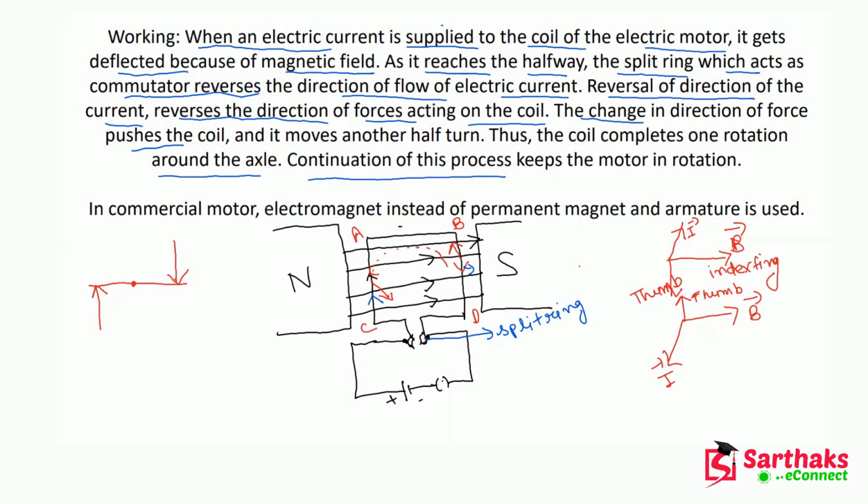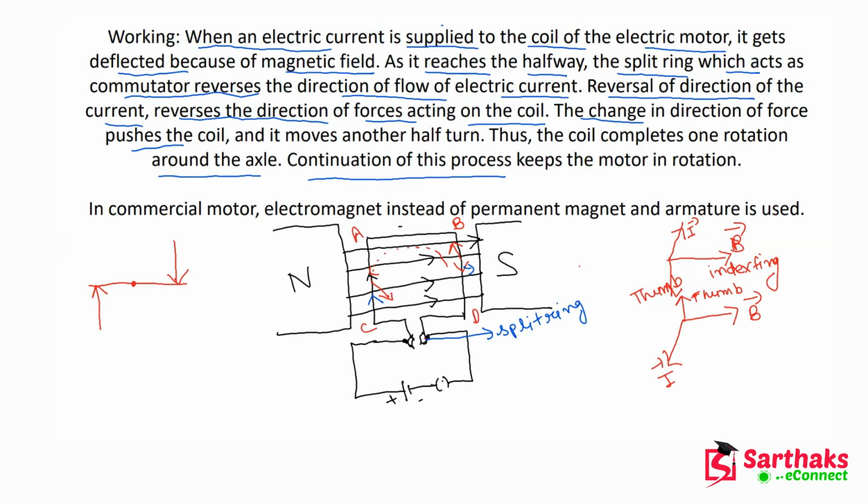So I hope guys you get this point, how this armature rotates. Again, the force will act like the previous situation, and this armature will continue to rotate. I hope you understand the working principle of an electric motor.